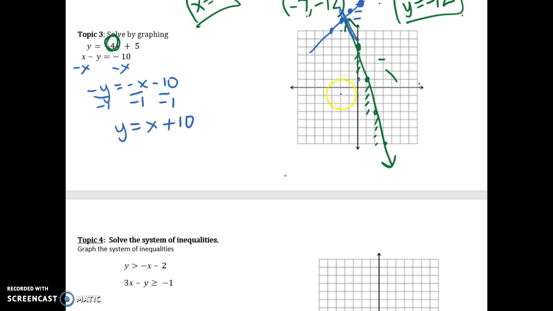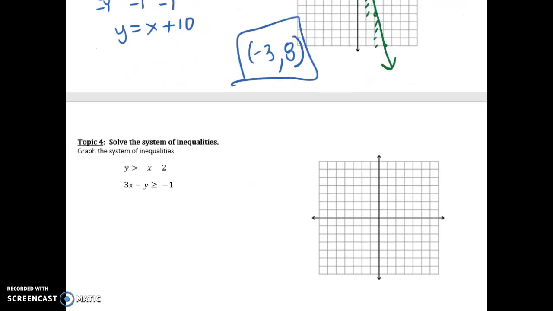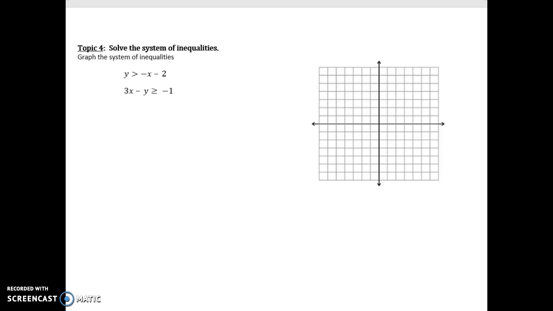Looks like they cross at -3, and let's see, this was 1, 2, 3, 4, 5, 6, 7, 8. When you're solving by graphing, you can always put it in your graphing calculator and see where the graphs cross as well.